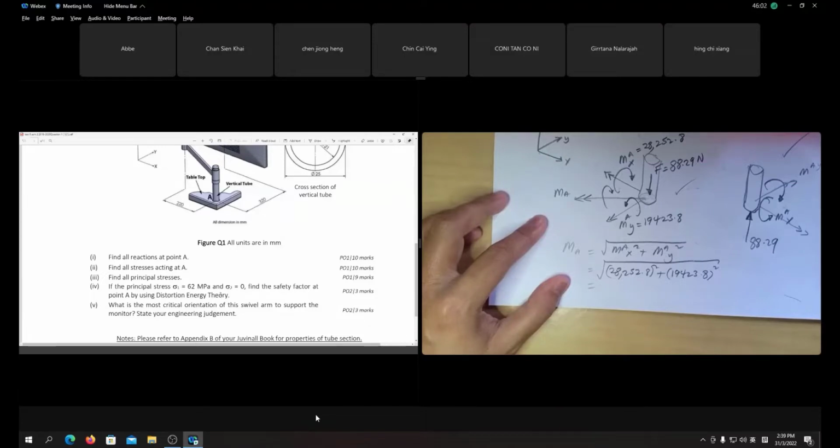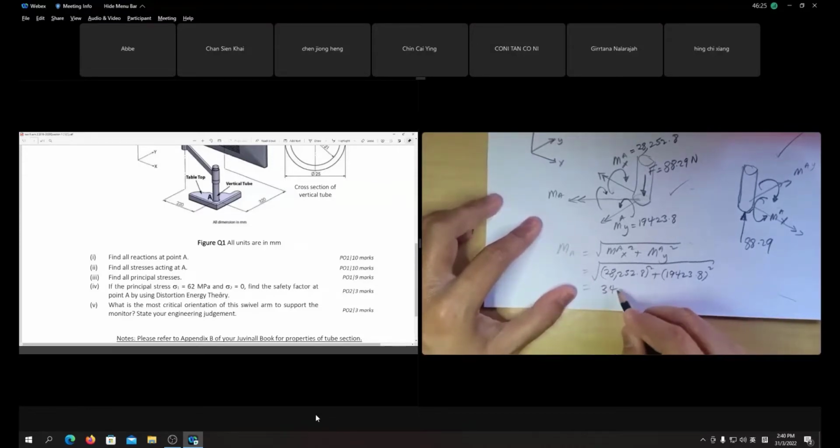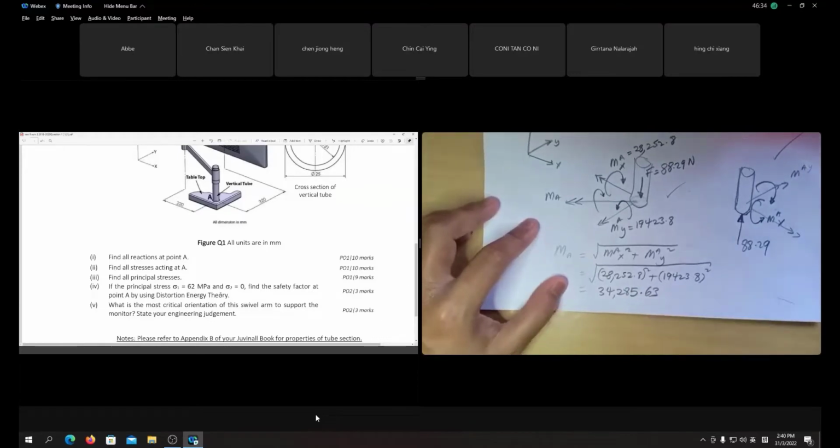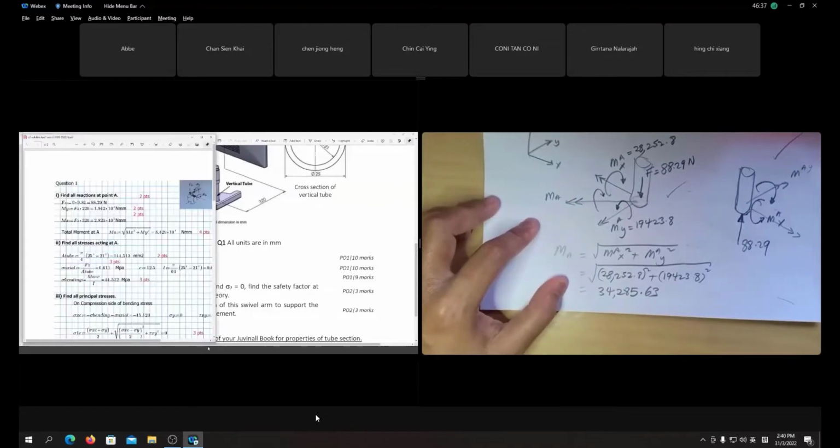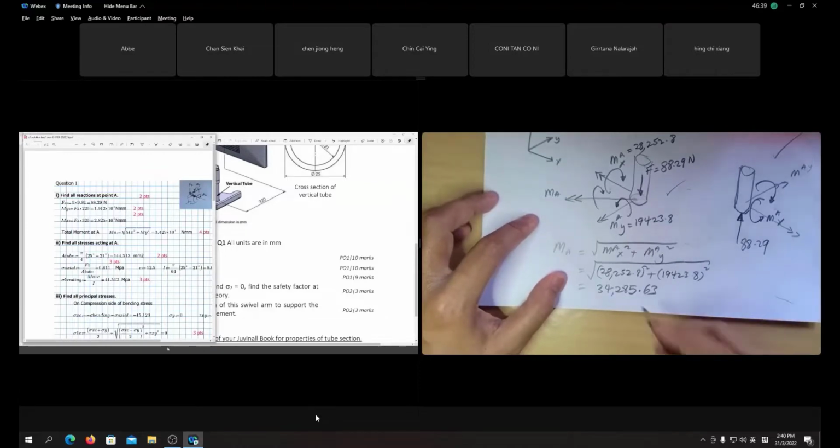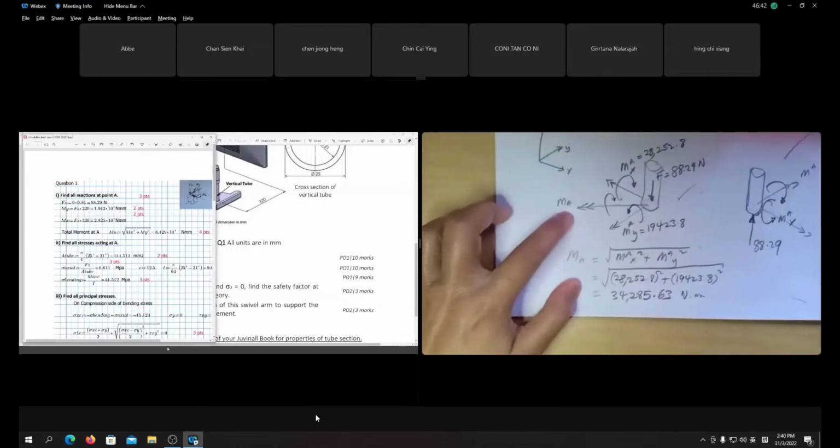So you get, oh, hold on, 28.2 square plus 194 square root. So the value is, total moment is 34285.63. Let me check. Okay, the value is, yes, 34285.63 Newton millimeter, total moment at A.